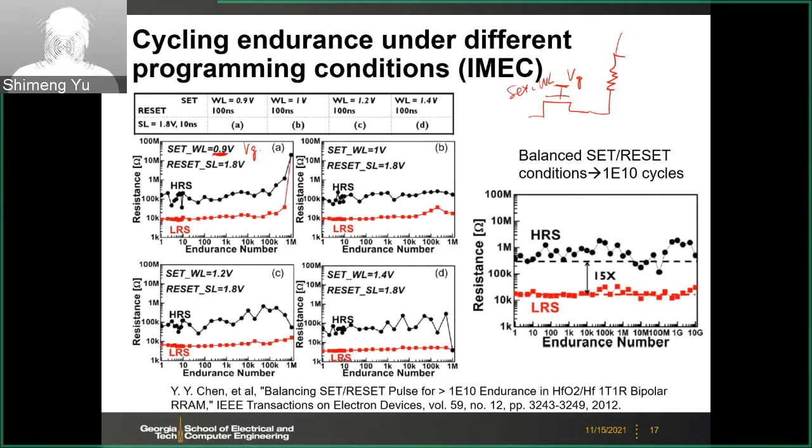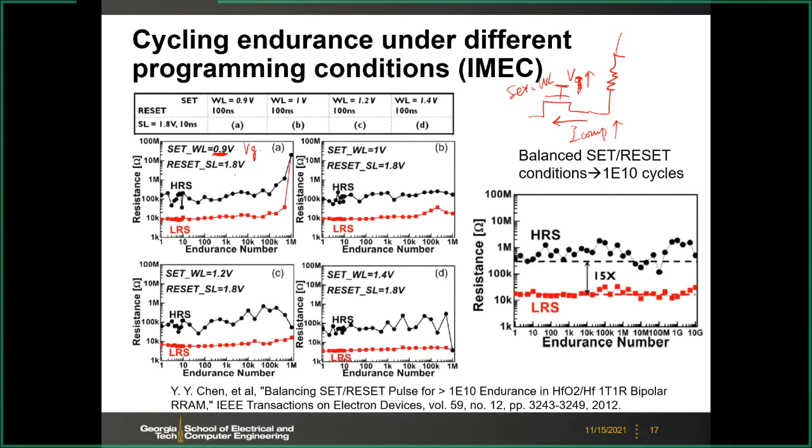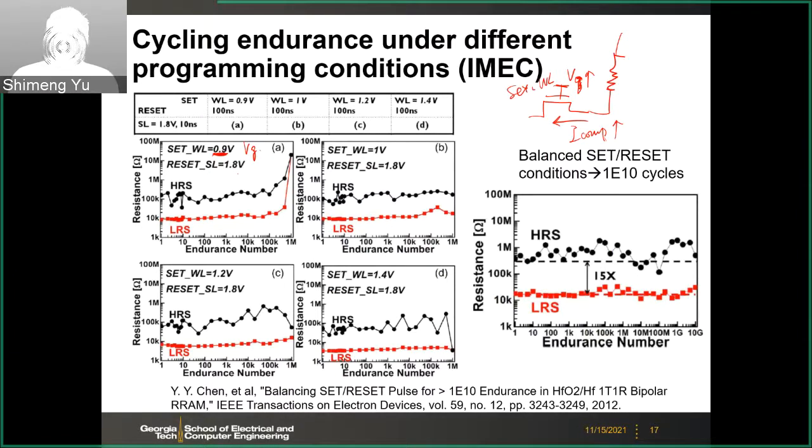So you make the Vg larger. That means you pass the compliance current larger. So here the reset condition is fixed to be 1.8 volts, but the set compliance current gradually increases.